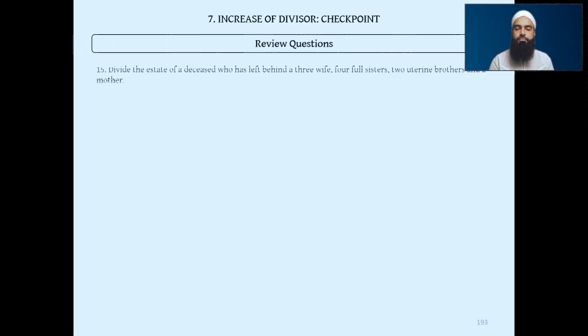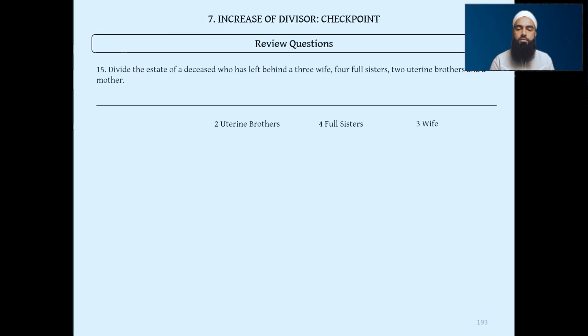So we have 3 wives, 4 full sisters, 2 uterine brothers, and a mother. What happens in this scenario? Revealing the answer, the 3 wives, because there are no children, get a quarter shared between them. 4 full sisters get 2/3. 2 uterine brothers get 1/3.